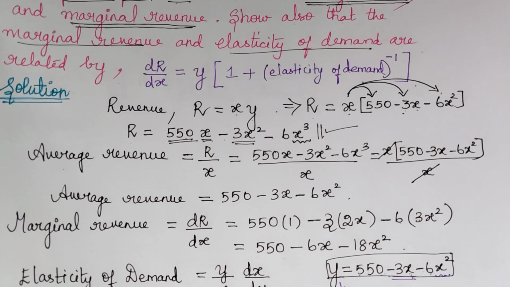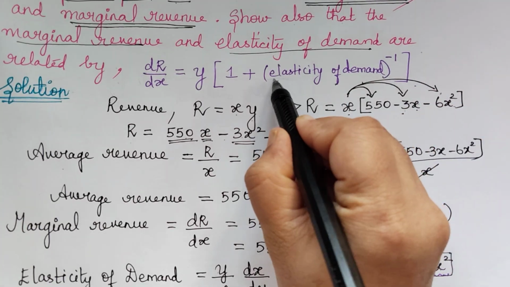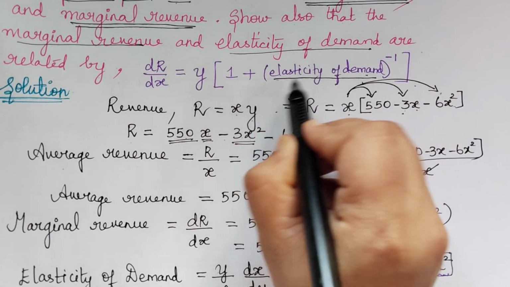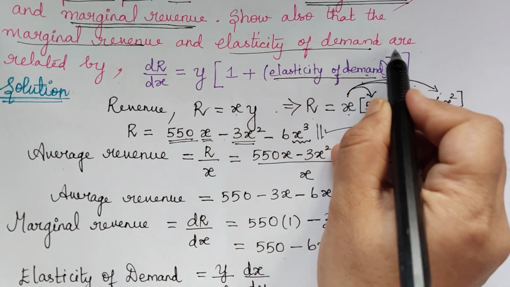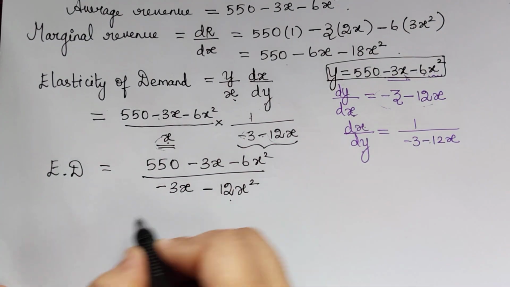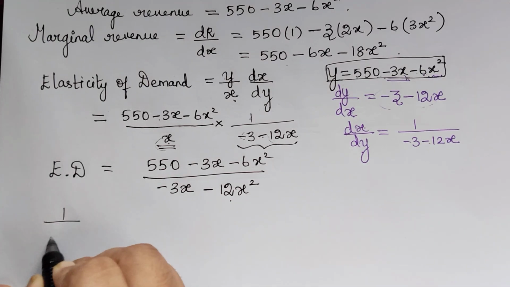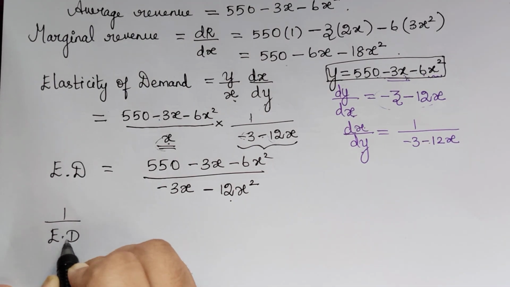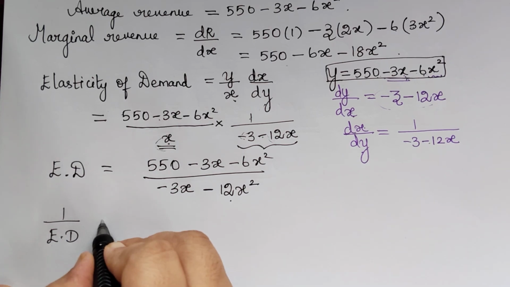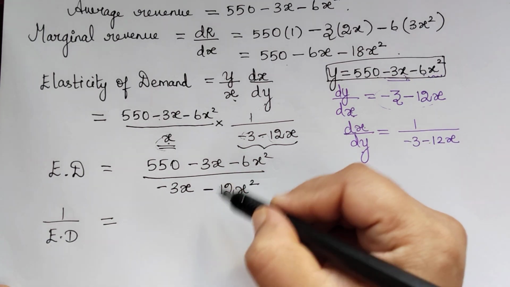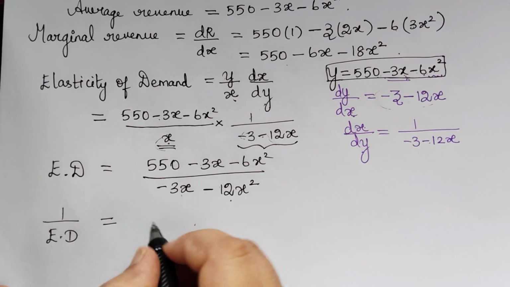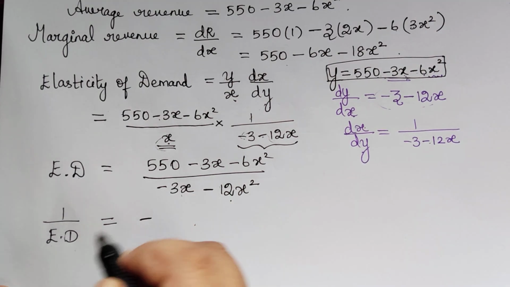But in this relation which we have to prove, we need the reciprocal of the elasticity of demand, because it is elasticity of demand power minus 1. So what is the reciprocal of this? From this, the reciprocal is 1 by elasticity of demand. So this is only ED the whole power minus 1. So that is equal to, take the reciprocal of this. So the numerator will become the denominator and the denominator will become the numerator, since we are taking the reciprocal.